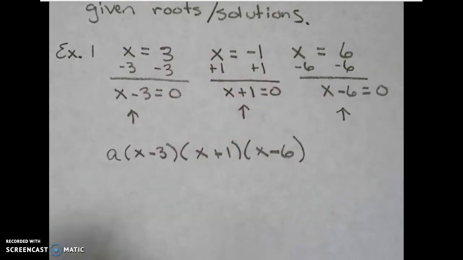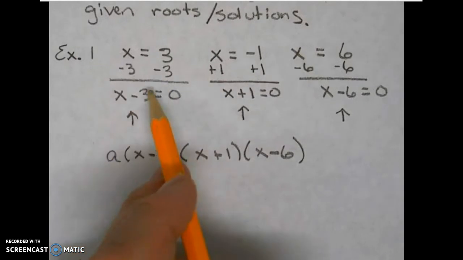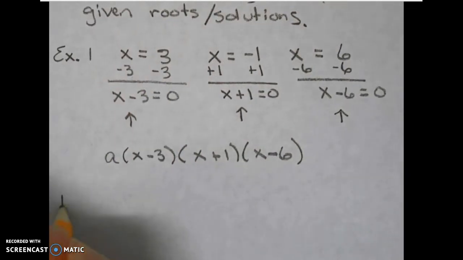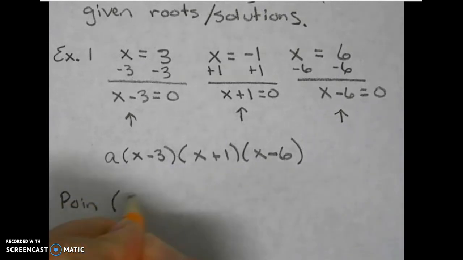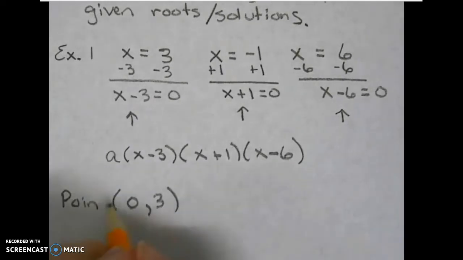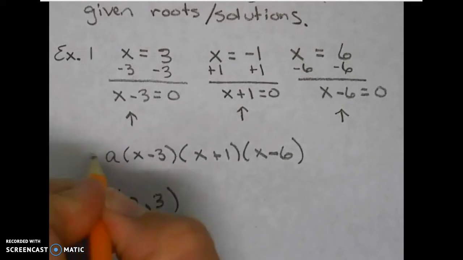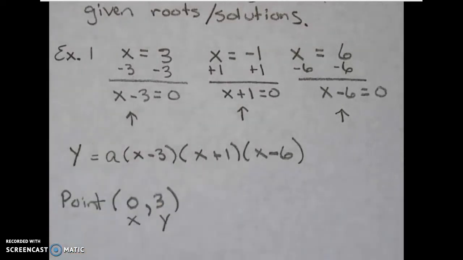Now if I said that this polynomial goes through the point, let's make it easy, it goes through the point 0, 3. Then we would plug 0 in for x, 3 in for y, and we would solve for a.